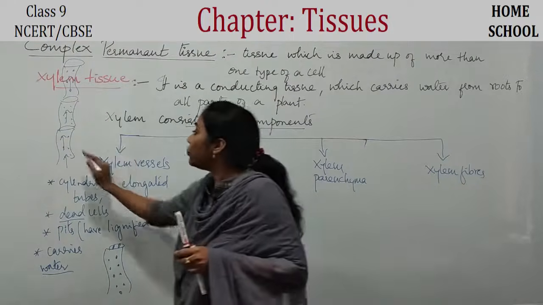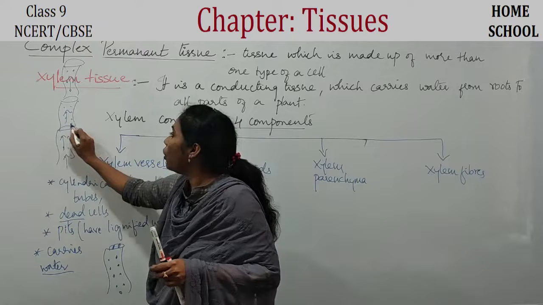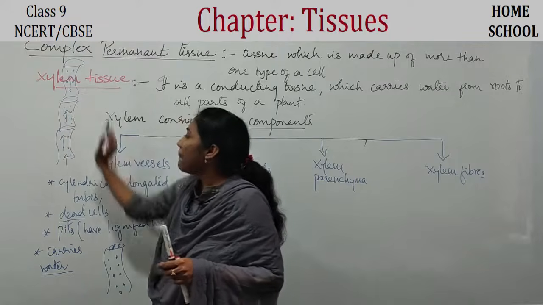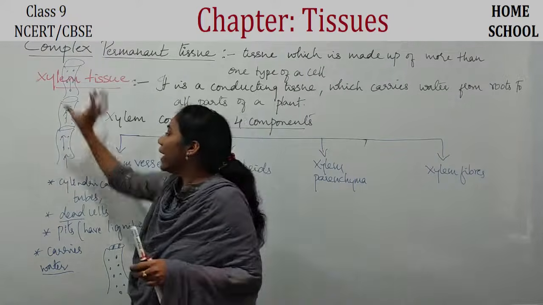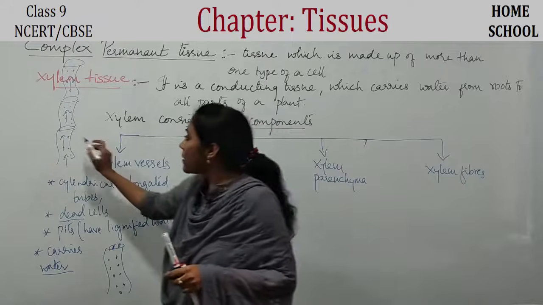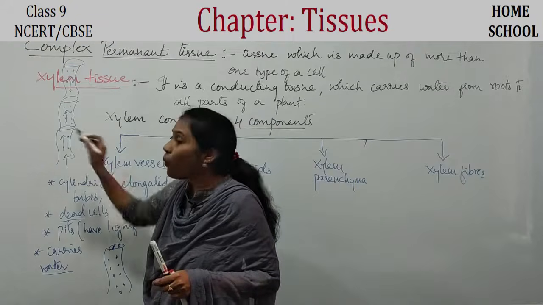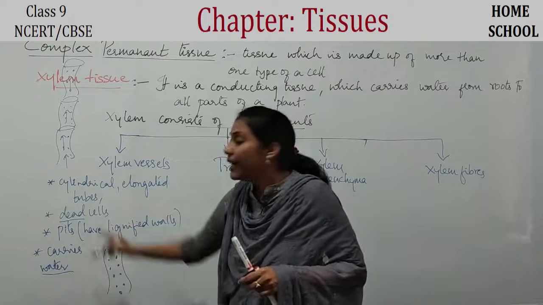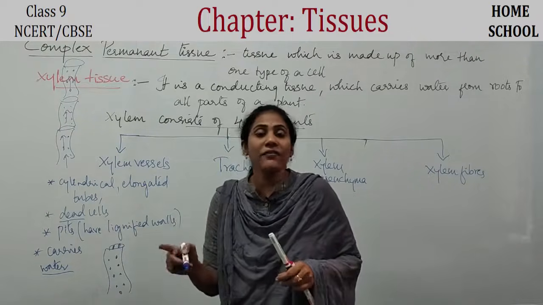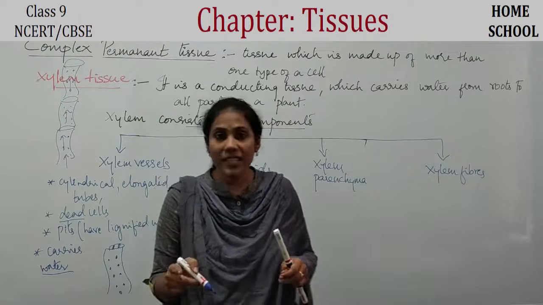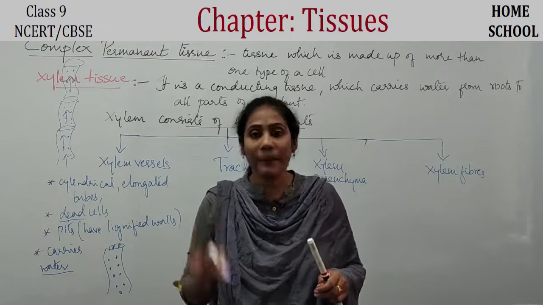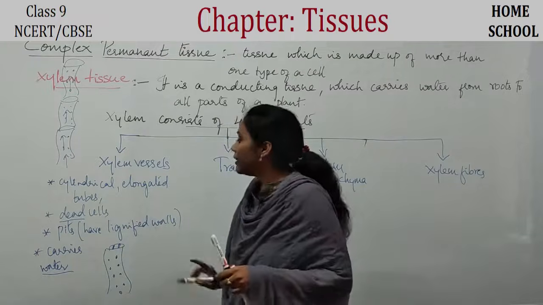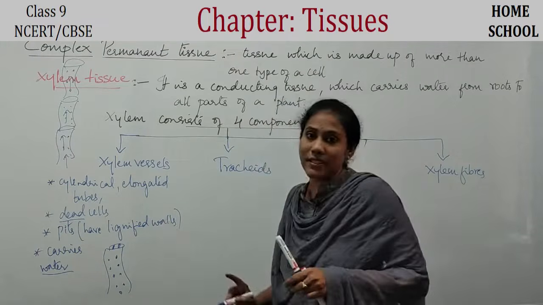Through the pits, through these small holes, the water passes from one cell to another cell. And the walls of the small holes are made up of a chemical called lignin. Okay, we have studied about lignin in the previous class. Lignin is a kind of chemical, isn't it? That's all about the xylem vessels.